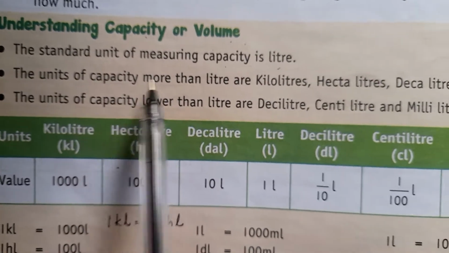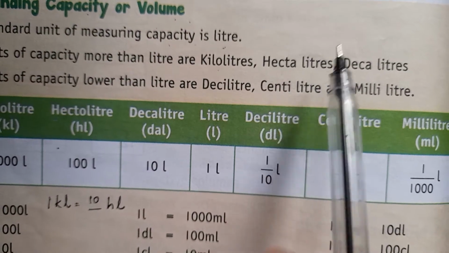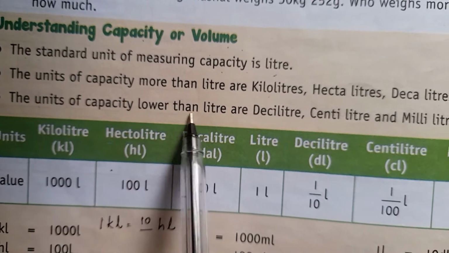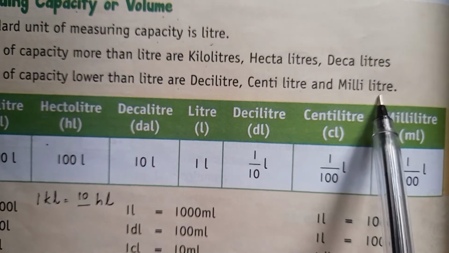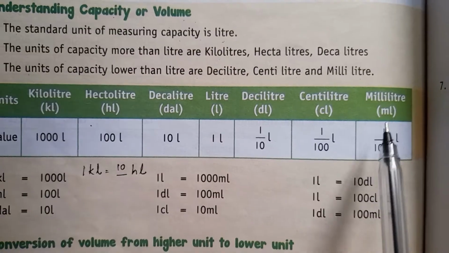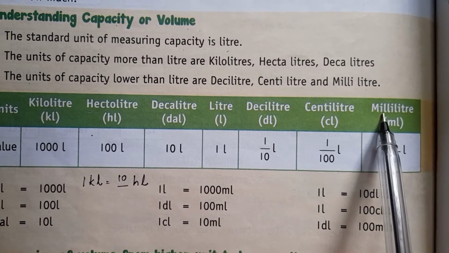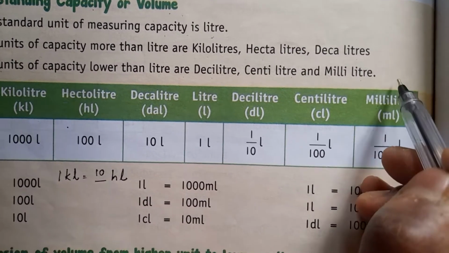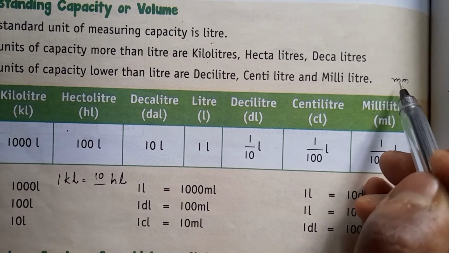The units of capacity more than liter are kiloliter, hectoliter, decaliter. The units of capacity lower than liter are deciliter, centiliter and milliliter. Now children, we see this is the lowest unit for measuring liquid, milliliter, as we have seen millimeter in measuring length.